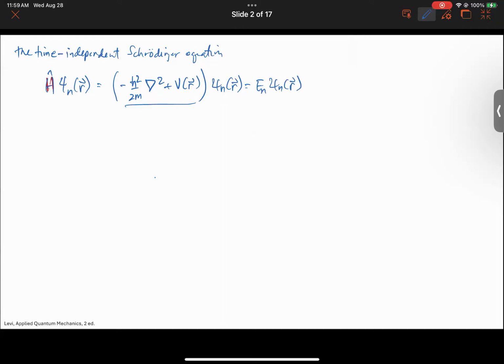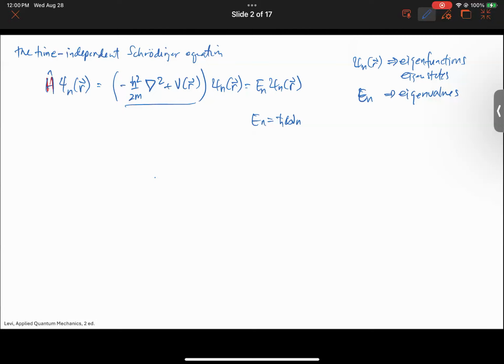Recall that we call these psi n eigenfunctions or eigenstates, and this E sub n we call eigenvalues. The E sub n, we also derived before, to have values equal to h bar omega sub n.